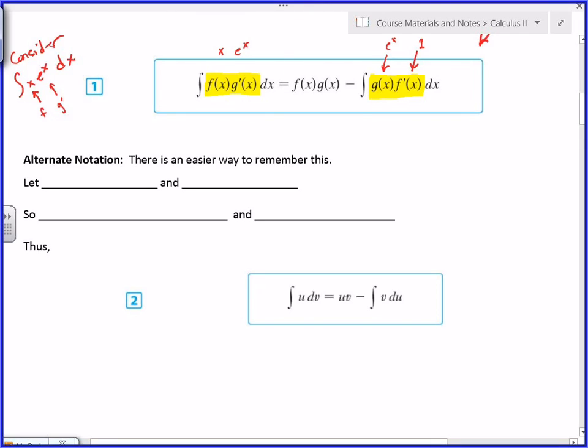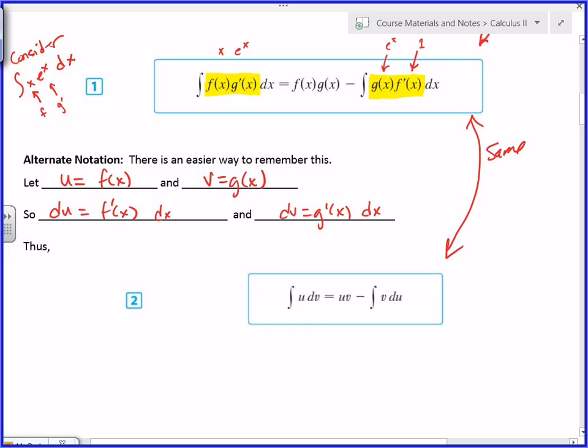Okay, now let's see where that comes from. It's just the same thing. These two are exactly the same. All I'm doing is letting u be f of x and v be g of x. Then du is f prime of x dx, and dv is g prime of x dx.